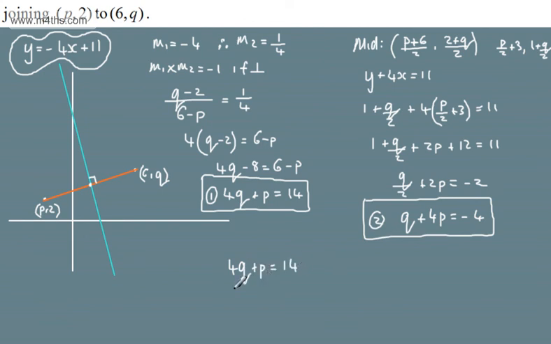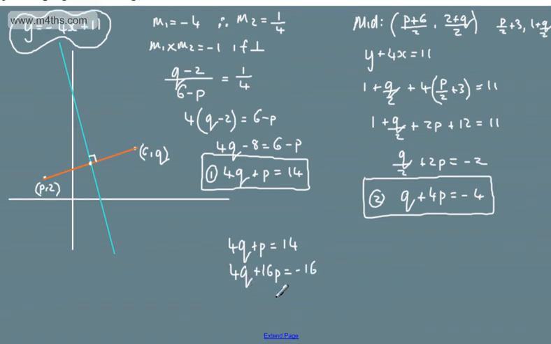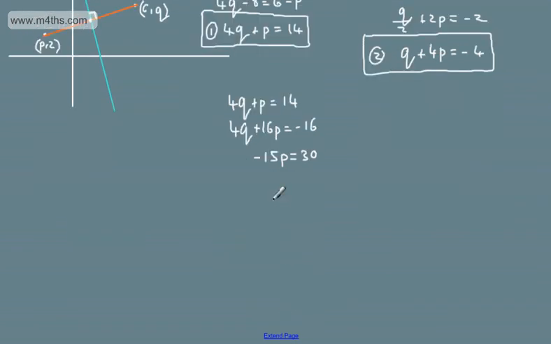Then I'm going to have 4q, and then I'll have plus 16p will be equal to now minus 16. I'm going to subtract downwards. That's going to leave me 0. Minus 15p will be equal to 30. So we can see from here that p is going to be equal to minus 2. All I've done is simply divided both sides by minus 15.